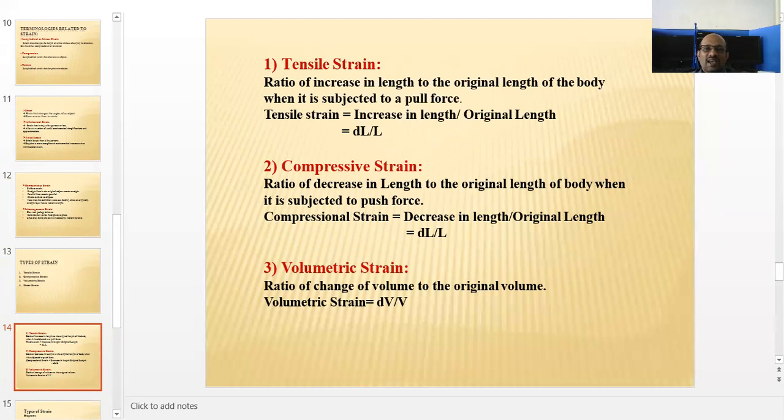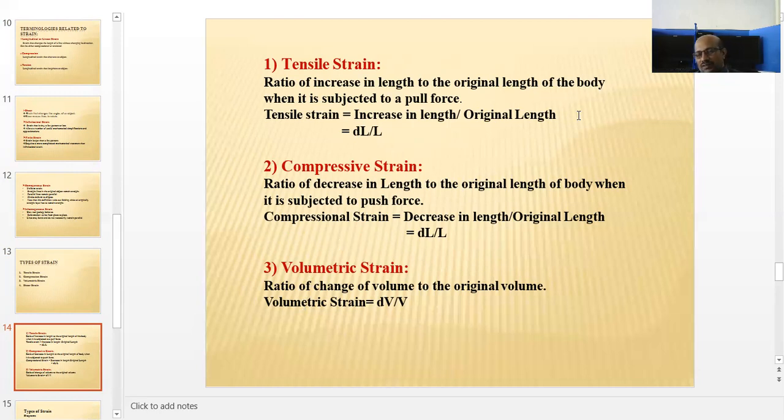Tensile strain is defined as the increase in length, meaning change in length, delta L, which we represent by dL, over the original length. That is called tensile strain: the ratio of increase in length to the original length when it is subjected to a pull force.